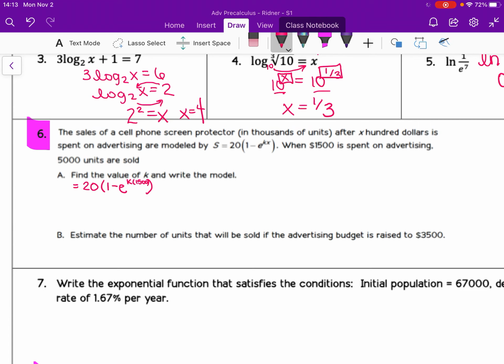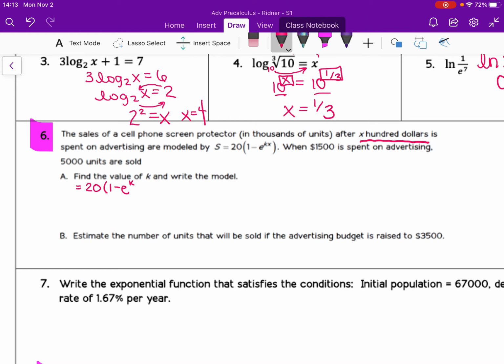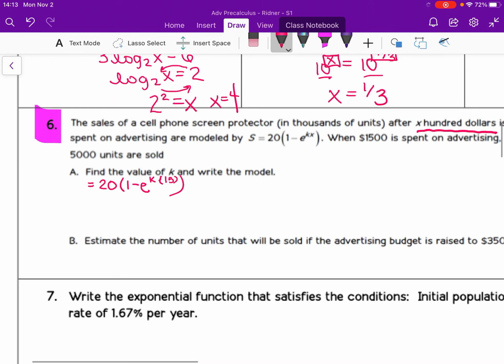And actually, back up, X $100, so it's really just going to be 15. It's not going to be 1,500, it's just going to be 15 just because of that wording. So if you thought you were getting it and something wasn't working, that could be why. And that's going to be equal to 5 because again it's in thousands of units, so 5,000. Okay. If you had done 5,000 and 1,500 here, that would have worked too. You would just had been dealing with a little bit bigger numbers, but otherwise no big deal.